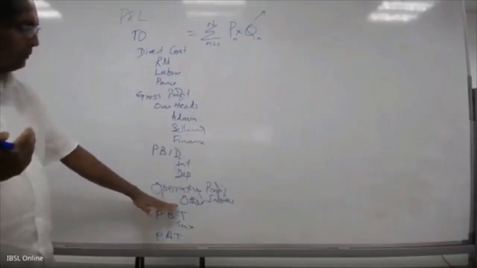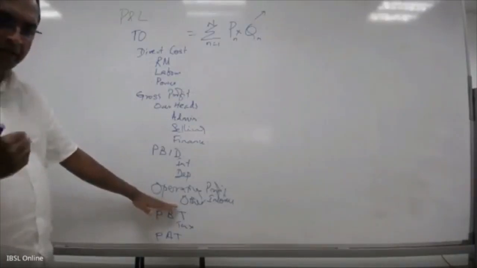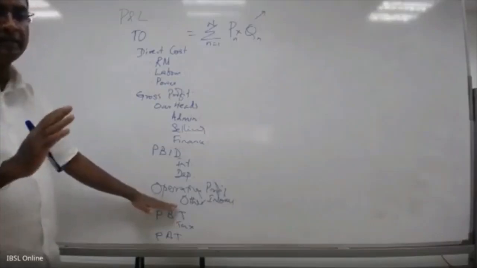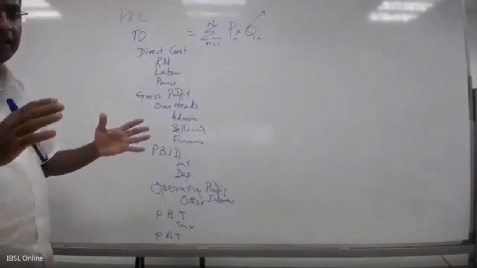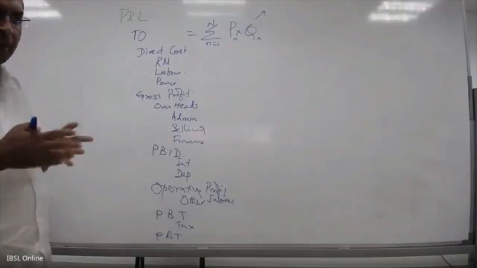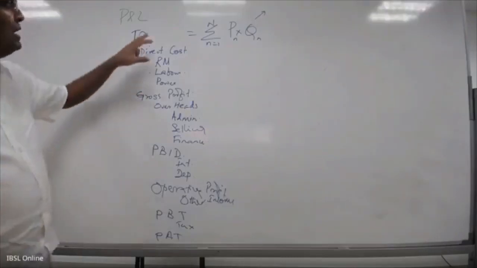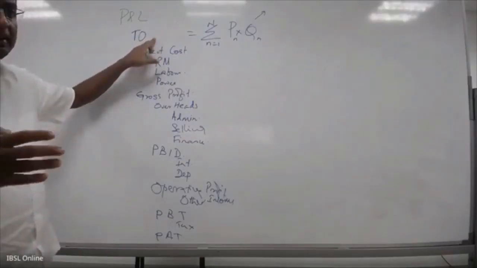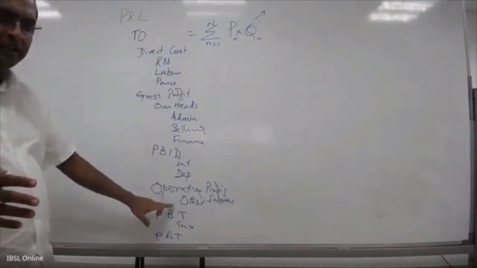Other income is the income generated not from the main business. Like if you are operating a printing shop, income generated through printing comes under turnover. But if you sell the offcuts and waste material, it comes under other income, which is generated not from the main line of business.